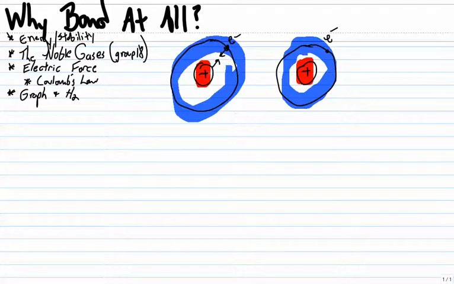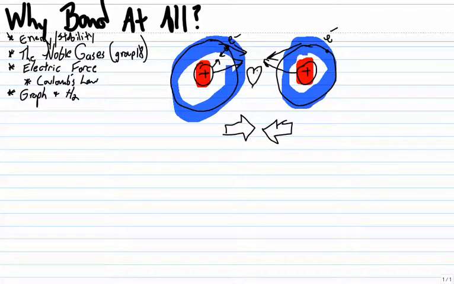But this positive would also feel an attraction toward this negative. And likewise, this positive would feel an attraction toward that negative. So just by these atoms being somewhere near each other, maybe even not so near, they are actually going to feel some amount of attractive force for each other. They are going to feel a little bit of love.